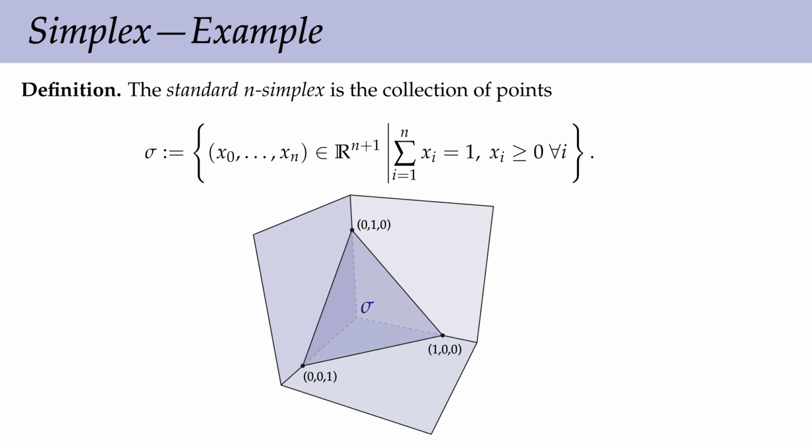It has vertices along the coordinate axes, distance 1 along the coordinate axes. And then you connect those vertices to get the simplex. This is also known, by the way, as the probability simplex. Why is that a natural name for this simplex? Well, because probabilities are non-negative and sum to 1. Okay, so you get the sense that simplices also, in some sense, have something to do with probability.